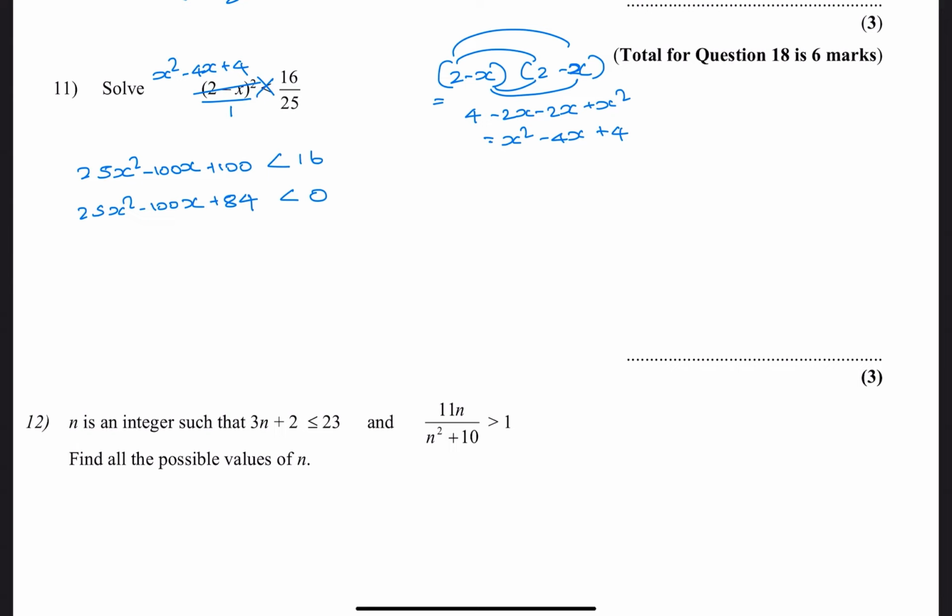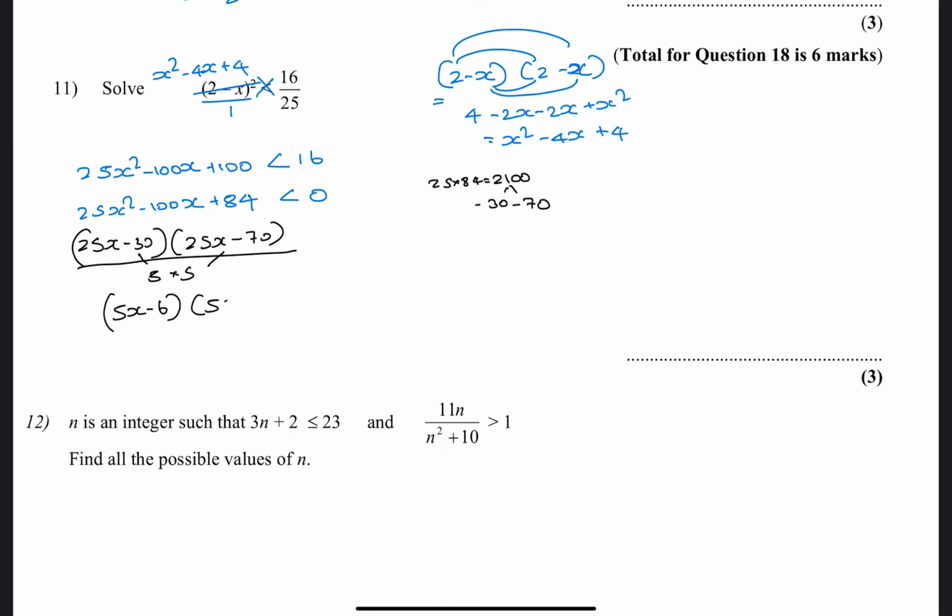So 25 times 84, if you multiply it's 2100. That's about 30 times 70. You want minus 100, so minus 30 minus 70, so 25x minus 30, 25x minus 70, all divided by 25. It doesn't fit, so it's 5 times 5 then. So 5x minus 6, 5x minus 14, after dividing by 5.